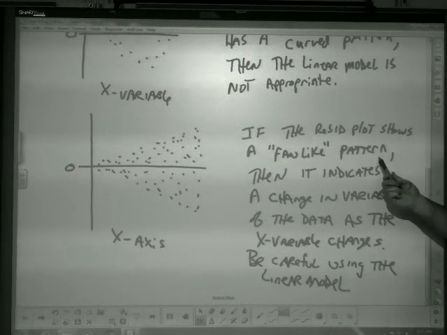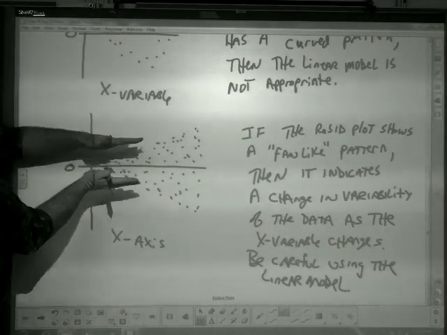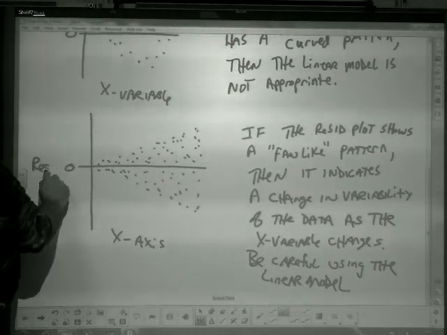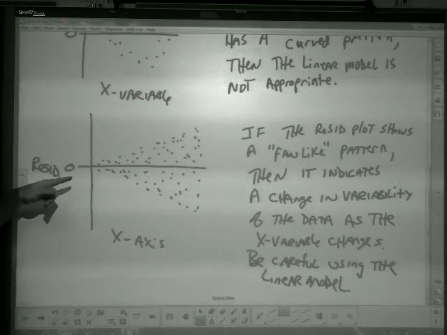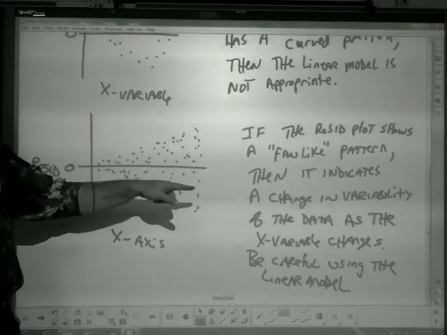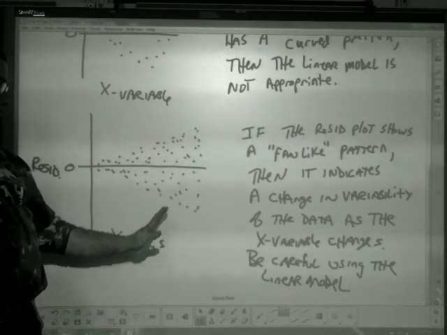If the residual plot shows a fan-like pattern, so it seems to be this random scatter, but it fans out or fans in. Again, these are the residuals. It indicates a change in variability of the data as the x variable changes.